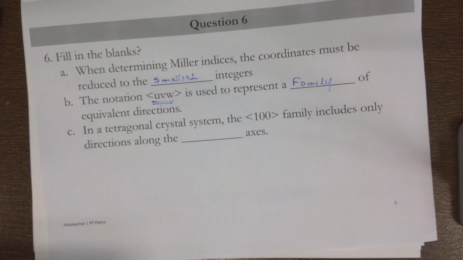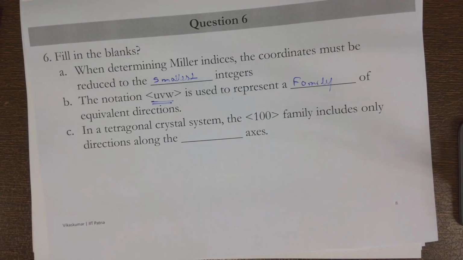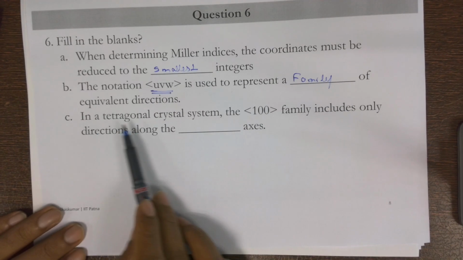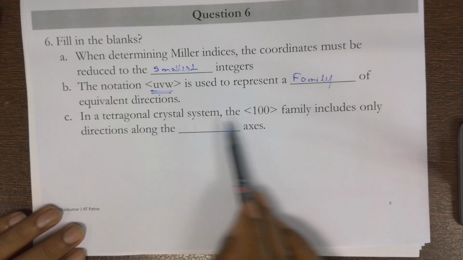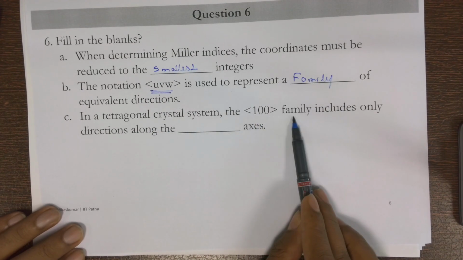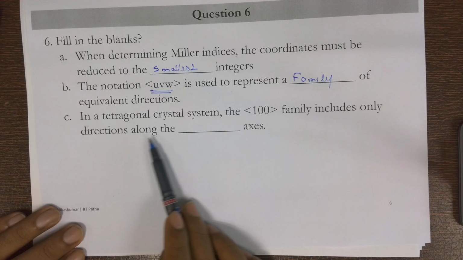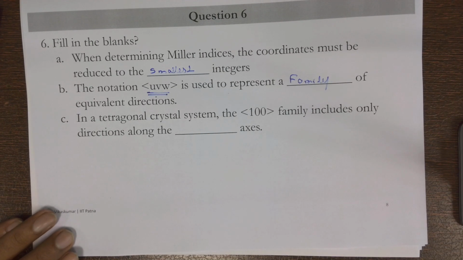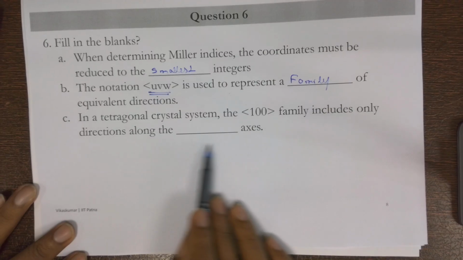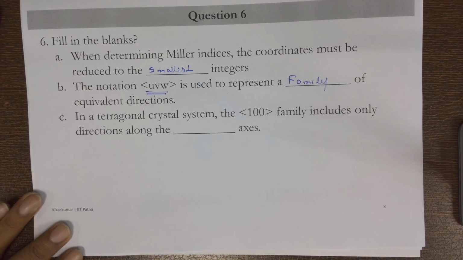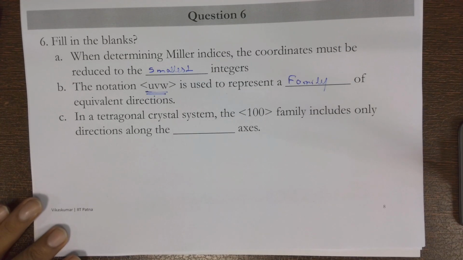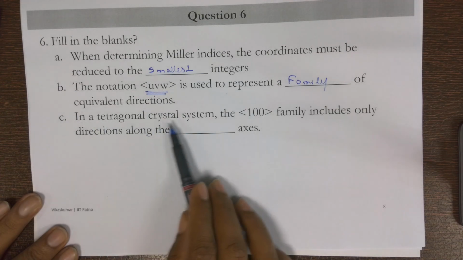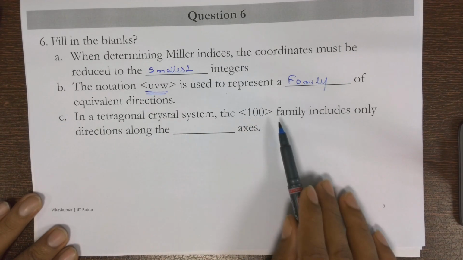Now the last part, a little tricky. In a tetragonal crystal system, the 110 family includes how many directions along the dash axis? Include only directions along the. In a tetragonal crystal system, this particular family.